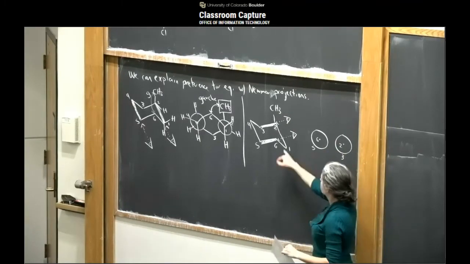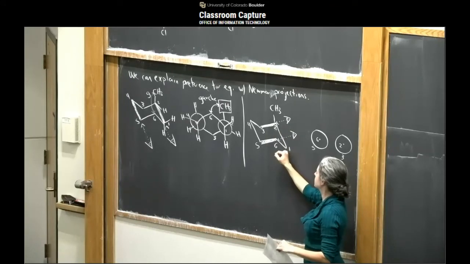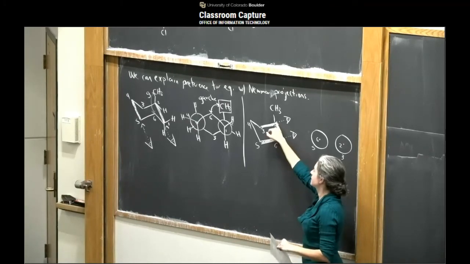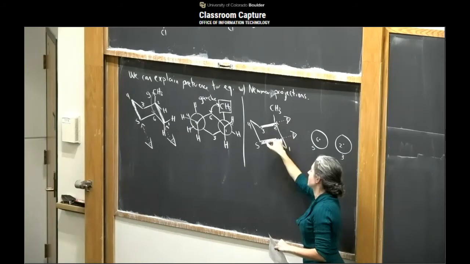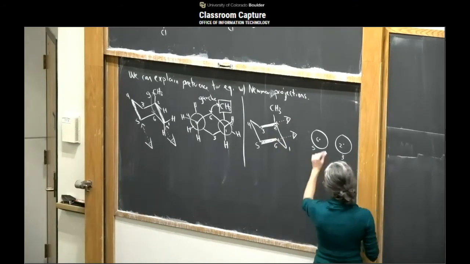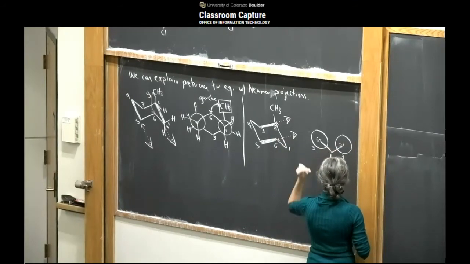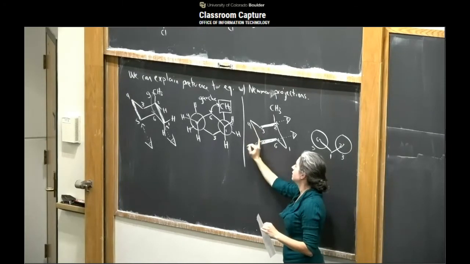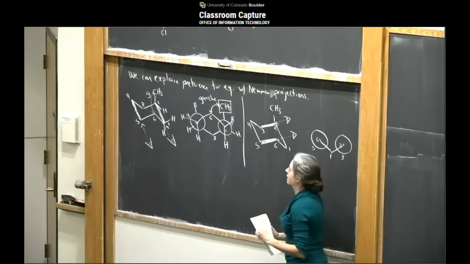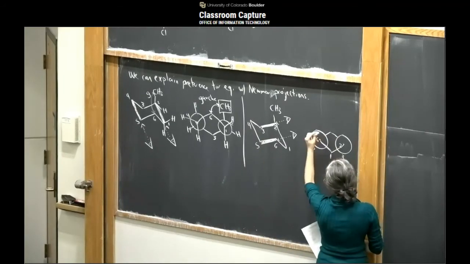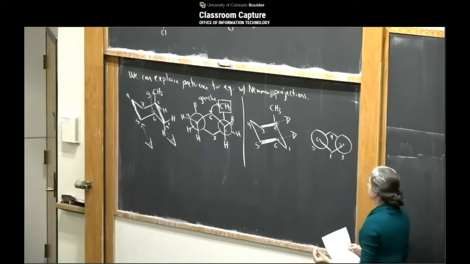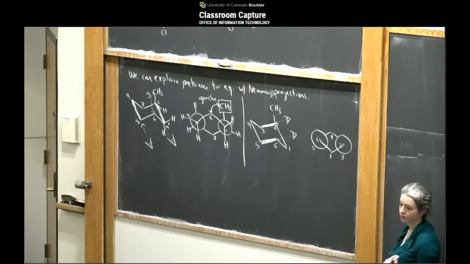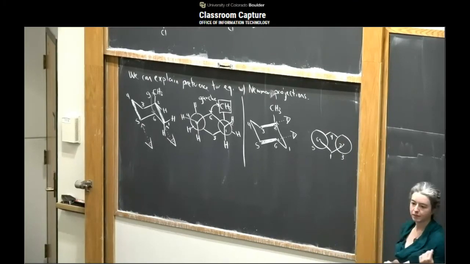Meanwhile, carbon number 1 is not part of either of those bonds, but it's connecting the front 2 carbons closer to my eyeballs, and it's dipping down in the front. So like that. And then carbon 4 is not part of either bond either, but it's sticking up, connecting the back 2 carbons. So there's 4. Okay. So questions about that?